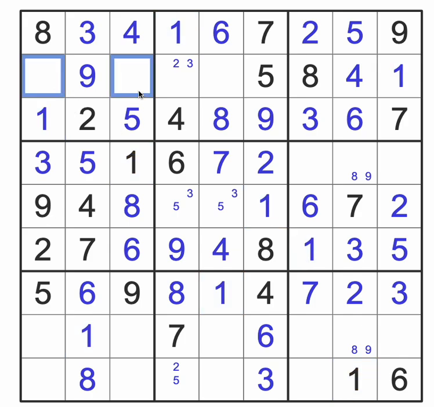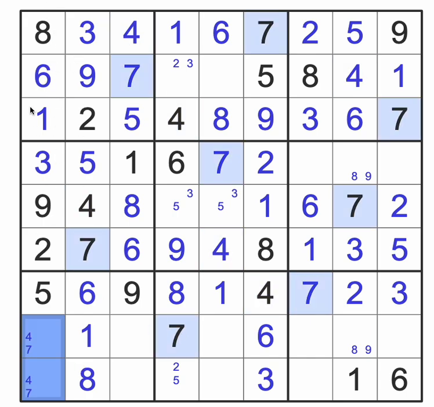That leaves 6 and 7 for these 2 cells. 6 is here, so it's 7, and this is 6. And these are 4, 7 double.